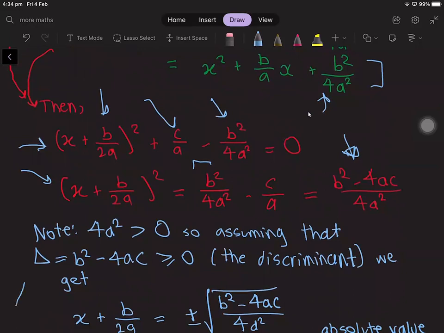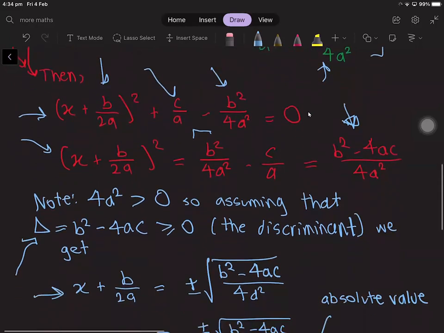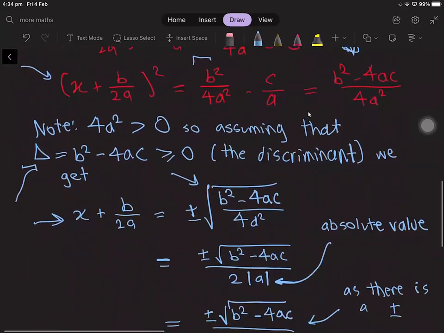And also, if we assume the discriminant b squared minus 4ac is at least 0, this means we know x plus b over 2a must be equal to plus or minus the square root of b squared minus 4ac divided by 4a squared. This square root is equal to plus or minus the square root of b squared minus 4ac, over the square root of 4a squared, which is the same as 2 times the absolute value of a.